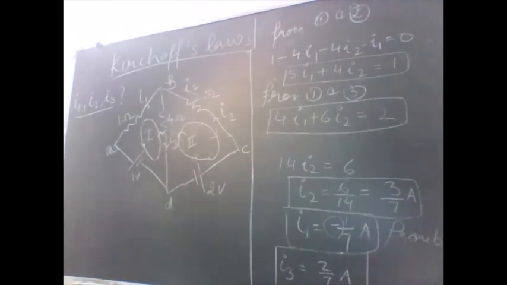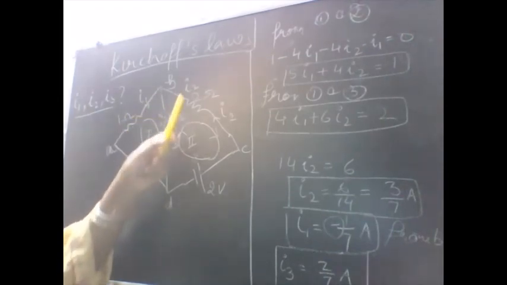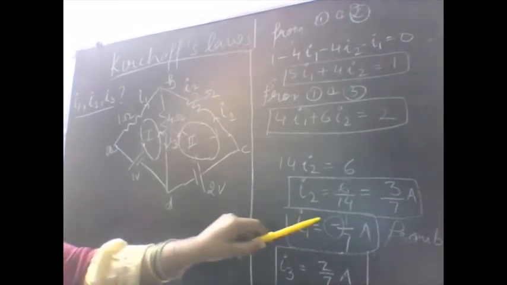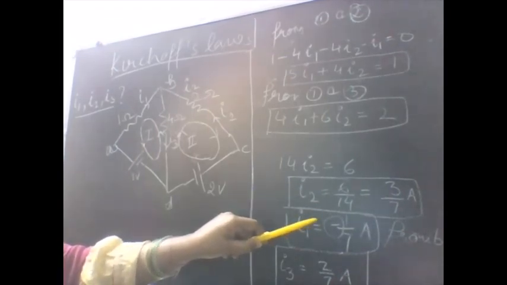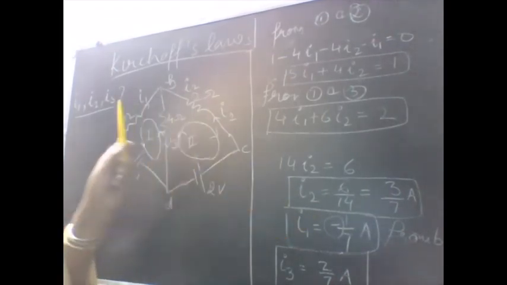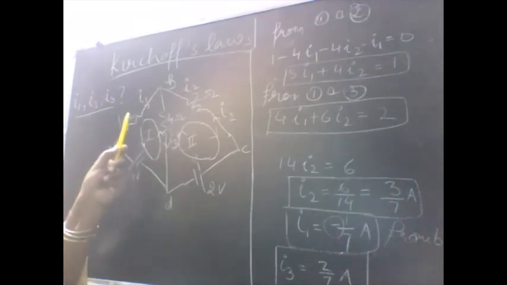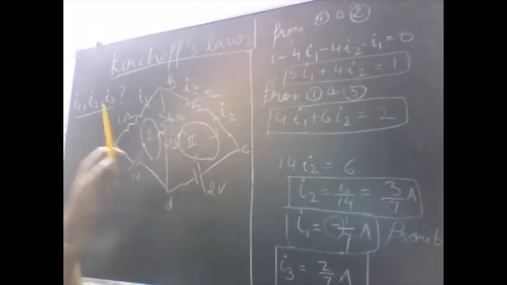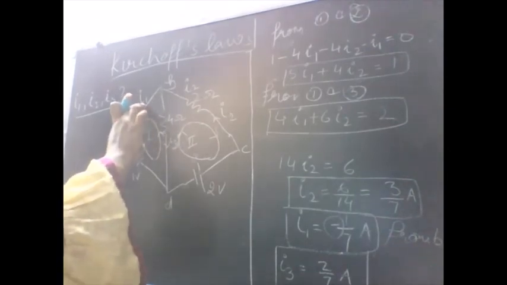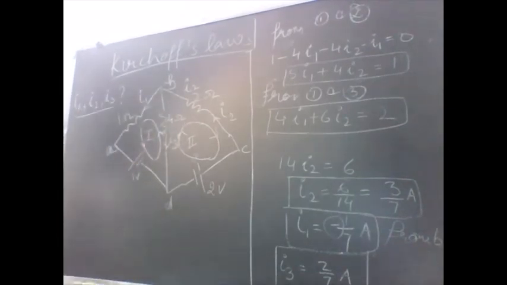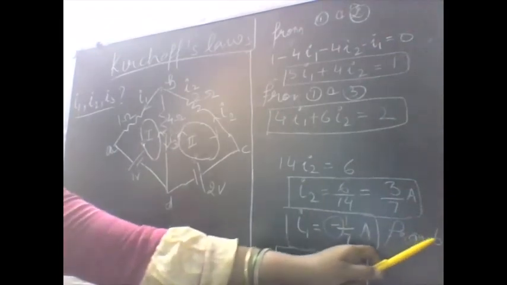Whatever loop you choose or whatever directions of current you assume, if you get a minus sign with the current, that means the direction chosen is not correct, and you have to take it opposite to the direction already chosen. So I1, which was going from A to B, should actually be from B to A.